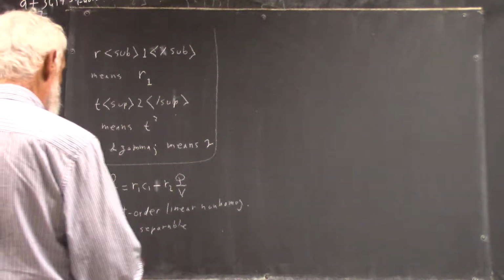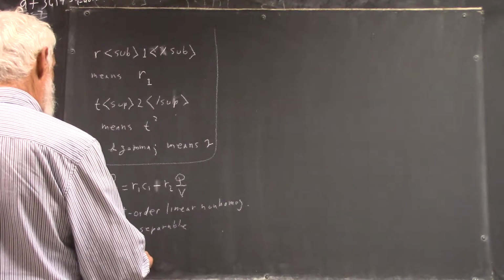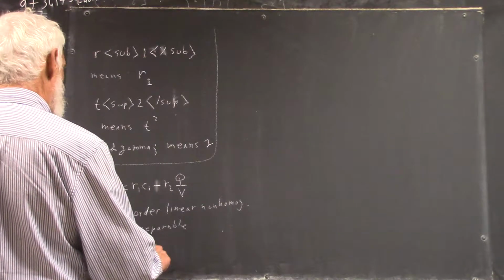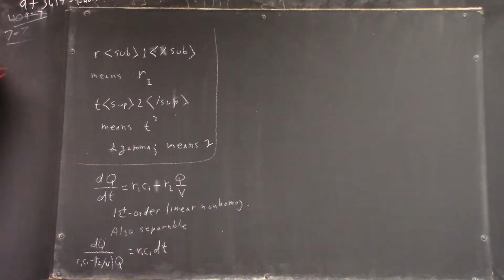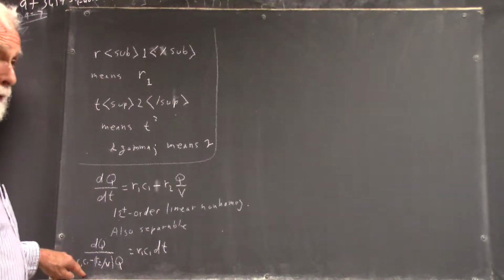You just treat that as R2 over V. And that equals R1C1 dt. Okay?